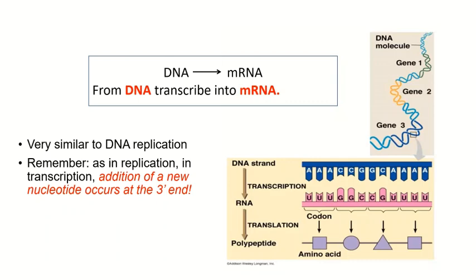There will be no more T; it is replaced with U. So A will couple with U, C will couple with G, similar to replication, and again at the end A couples with U. From that RNA strand, we read every 3 bases as a codon, and each codon will be translated into a type of amino acid.